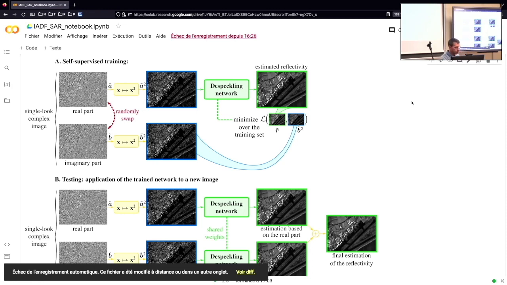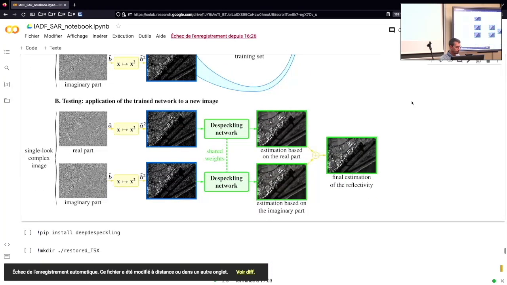The approach that we have developed, we call it MERLIN because it had something magical, which is the fact that we are exploiting the phase information, which is not informative, as you have seen at the beginning of the practical work, but we have used it to decompose the complex SAR image into real part and imaginary part.